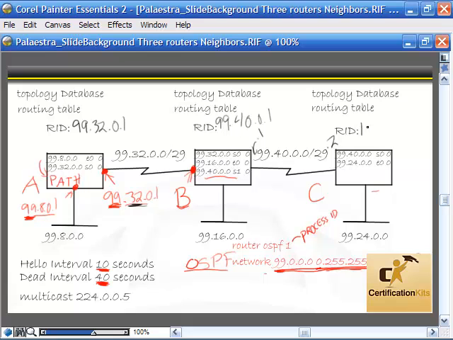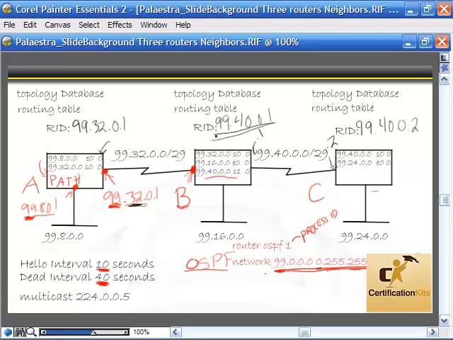And router C's would be 99.40.0.2, because that's the highest IP address on router C. So in router C's neighbor information, it'll have a neighbor of 99.40.0.1, and in router A's neighbor information, it'll have a neighbor of 99.40.0.1, because it only uses one router ID.